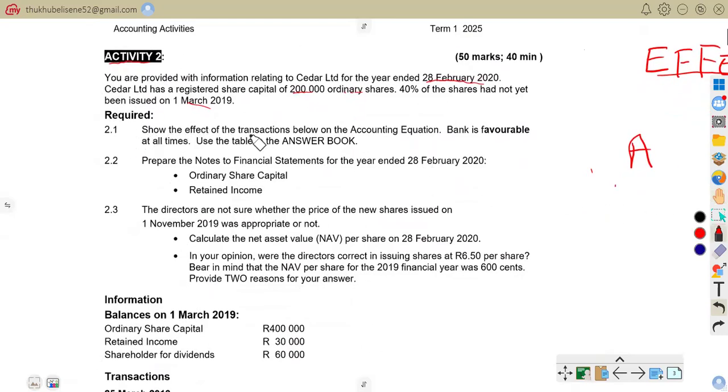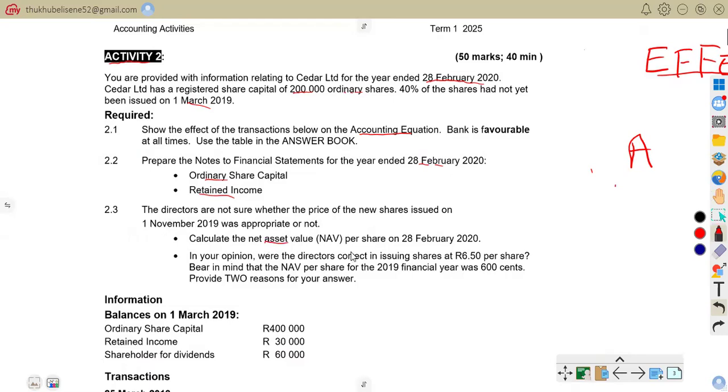2.1 Show the effect of the transaction below on the accounting equation. Bank is always favorable at all times. So you are to use the table in the answer book. 2.2 Prepare the notes to the financial statements for the year ended 28 February 2020: ordinary share capital and retained income. 2.3 The directors are not sure whether the price of the new shares issued on 1 November 2019 was appropriate or not.